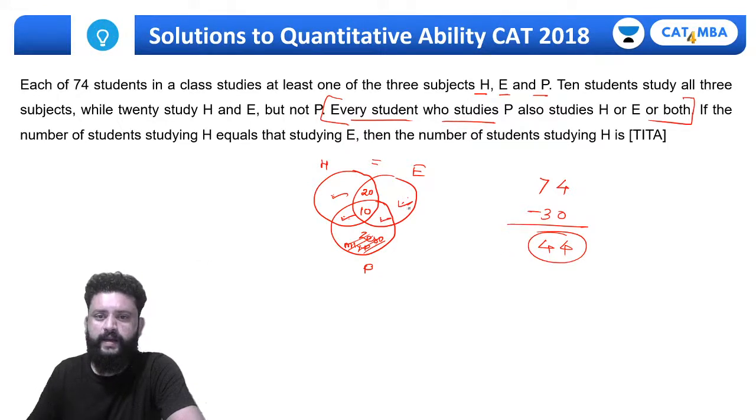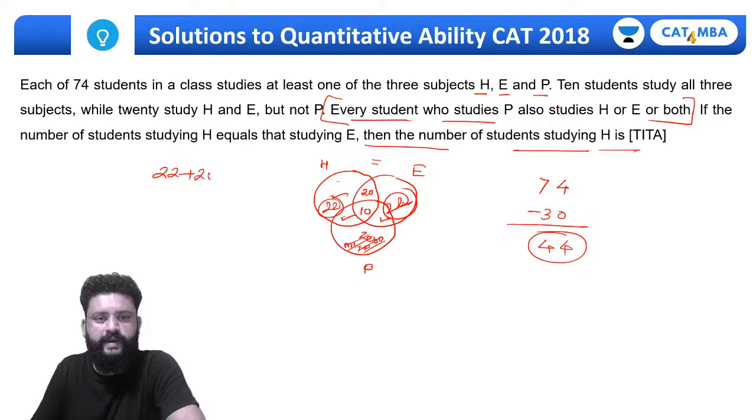Out of that, these two parts together make 22. This part will be 22. Then the number of students studying H, how much will it be? 22 plus 20 plus 10, that comes out to be 52.